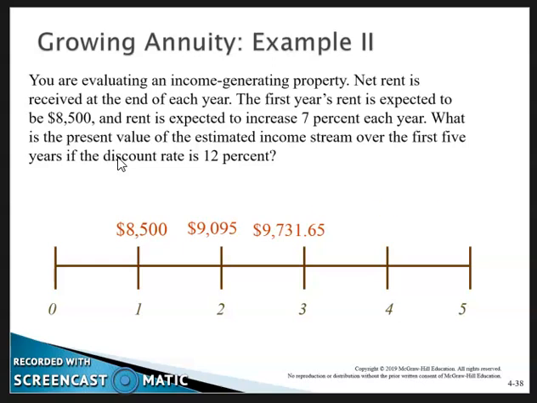Then 8,500 times 1.07 to the third power, or $10,412.87, and then the fifth year, 8,500 times 1.07 to the fourth, $11,141.77.